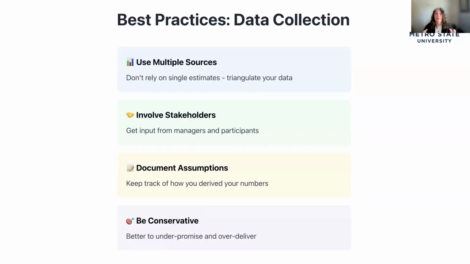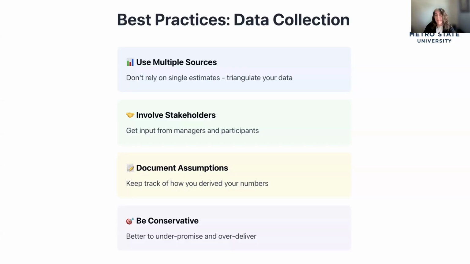Triangulate data by using multiple sources, use that as your base, and then come up with a different number based on those. Obviously involve stakeholders, getting input from managers and participants themselves, who may be participants in the future training, for example. Absolutely document assumptions, because you want to remember how you derived your benefit numbers to put into a calculator.